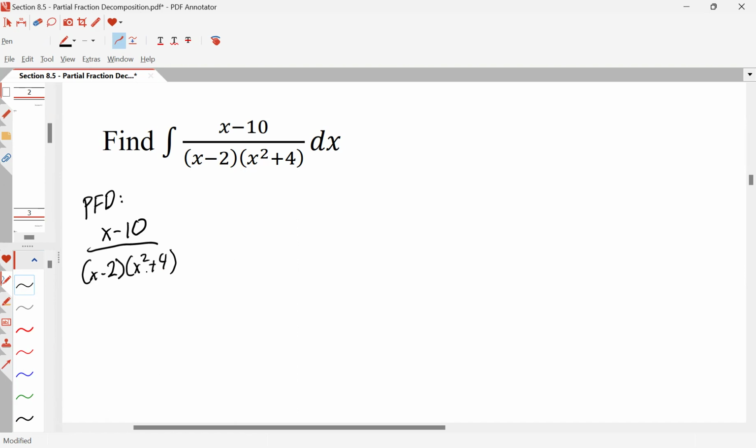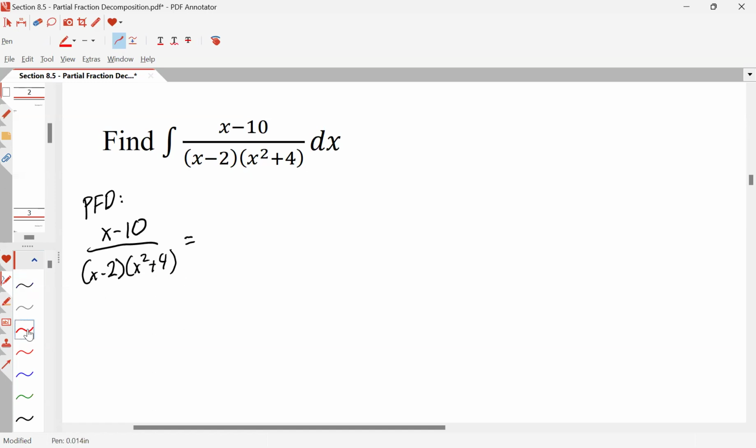There's no real value of x that would make that 0. So we can't break this down any smaller. So this is as small as our denominator can be factored.